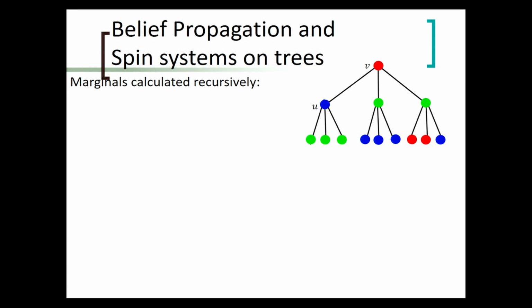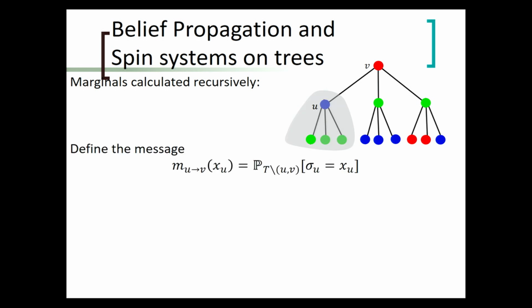It's a message passing algorithm, where each vertex will send a message to its neighbor, so a message from U to V. The vertex U will tell V what it thinks its marginal probabilities are in the graph, where the graph is the tree minus the edge from U to V. So it's like U saying, if I ignore the effect of the edge connecting to V, what should my marginal distribution be?